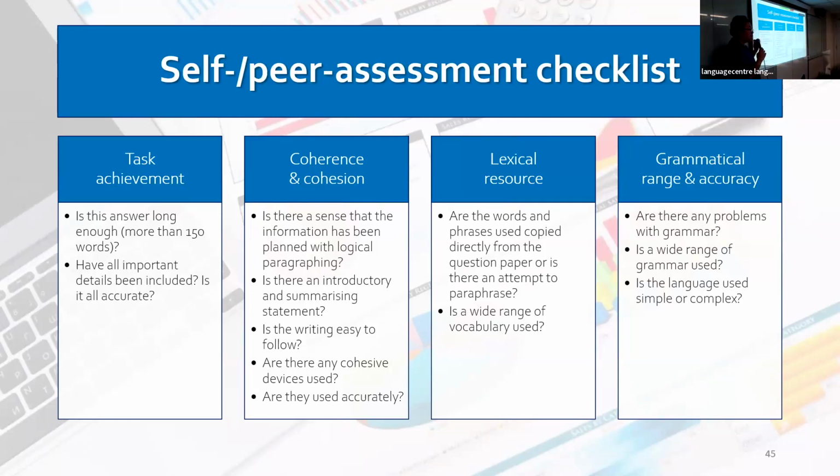These are the four domains of your IELTS writing exam. So after you've done your work, you can use this checklist to think about how well you have achieved in relation to each of these domains.